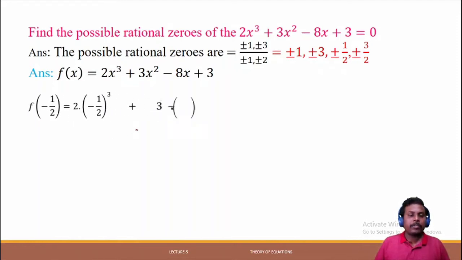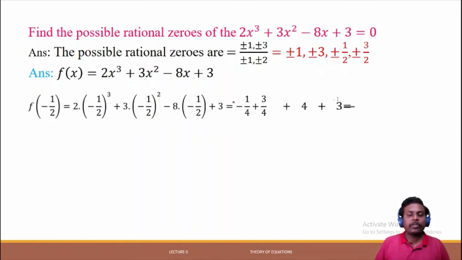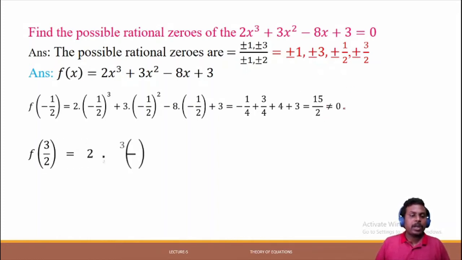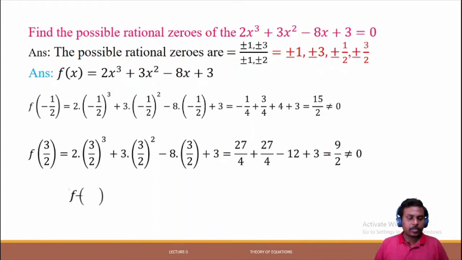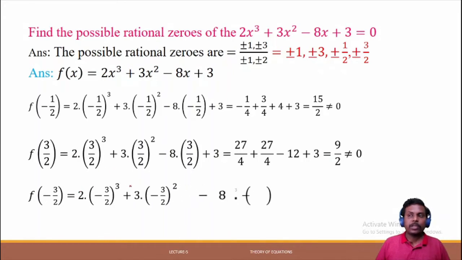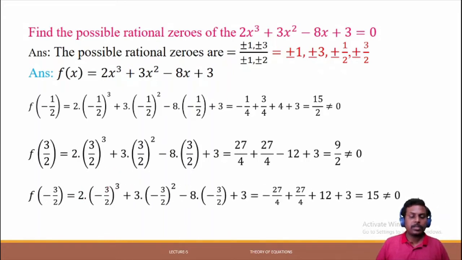So f of minus 1 we have missed, and if you find out that value, you get 15 by 2, which is not equal to 0. Similarly, you substitute 3 by 2 in the above equation, and we can see that this value is not equal to 0. Now f of minus 3 by 2, just try. If you solve, you'll get 15, which is not equal to 0.